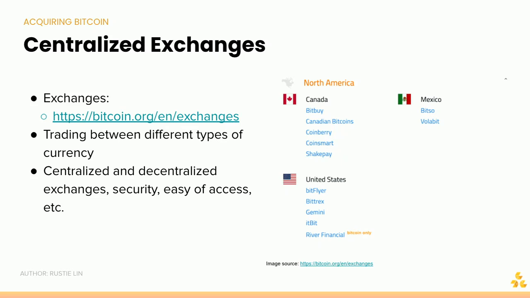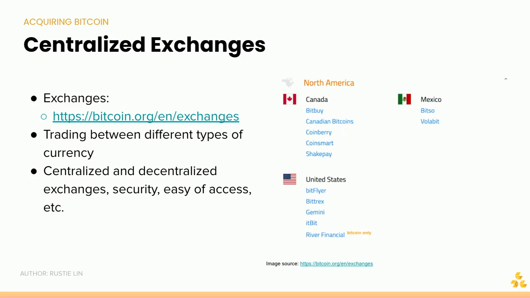Some other ways are through exchanges, and there are two main types of exchanges. First, we have centralized exchanges. These are just ways that different groups trade, pretty much like trading between different types of currency. Some of you might see red flags here: having a centralized exchange detracts from the mission of Bitcoin as a whole, which is that there shouldn't be parties that operate these transactions, because this is exactly what a bank does.